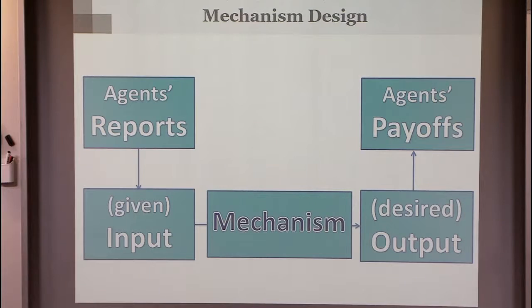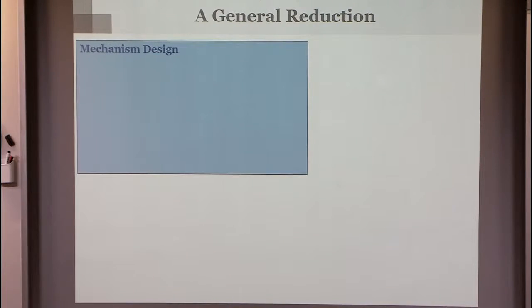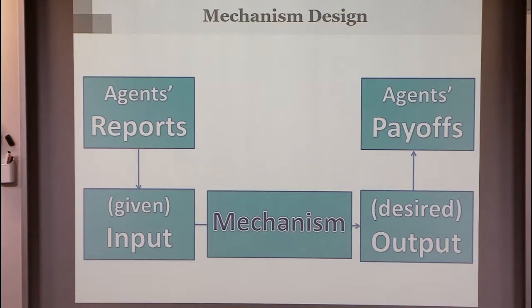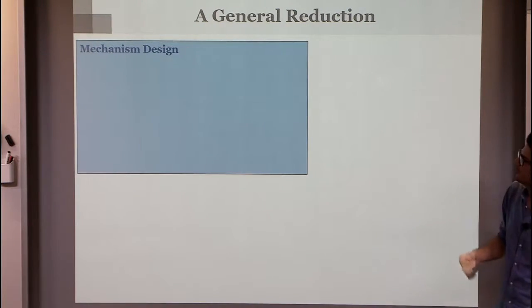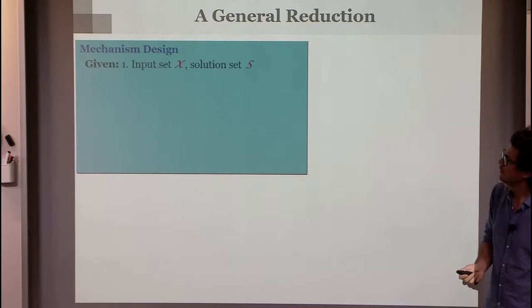And again, what I want you to have in mind is this picture, because now I want to state the mechanism design problem in the most general way, and relate it to a corresponding algorithmic problem and provide a reduction between the two problems. So I claim that a very general mechanism design problem looks as follows.